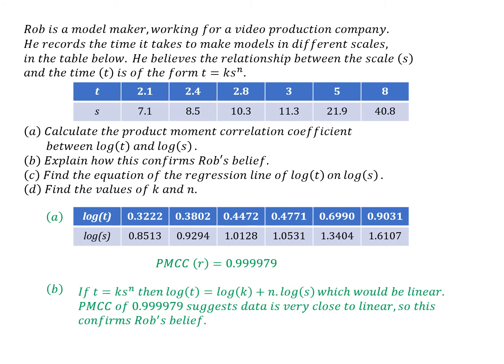So if t equals k times s to the n, as I said, log t equals log k plus n log s, which would be linear. And because we're getting a product moment correlation coefficient very close to 1, that shows that all of these points are very, very close to a straight line. And so that confirms the linearity of this model here.